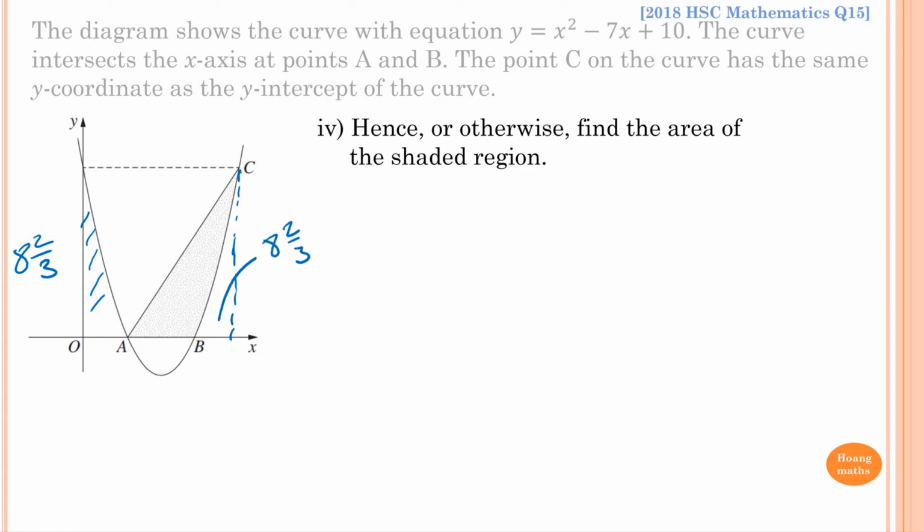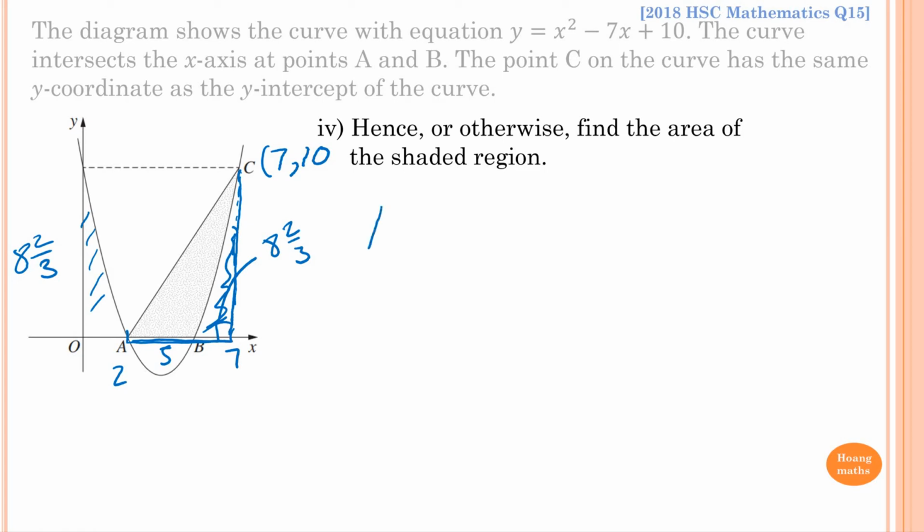And remember, the coordinate of C is 7, 10. So this means this is 7 here. So from the previous part this is 2, so the distance we can find from here to here is 5 units. So all we need to do, we find the area of this triangle here and then minus this part here. It will give me the area of the shaded region.